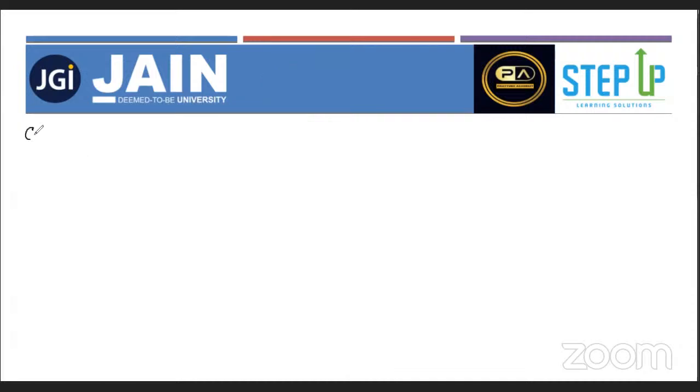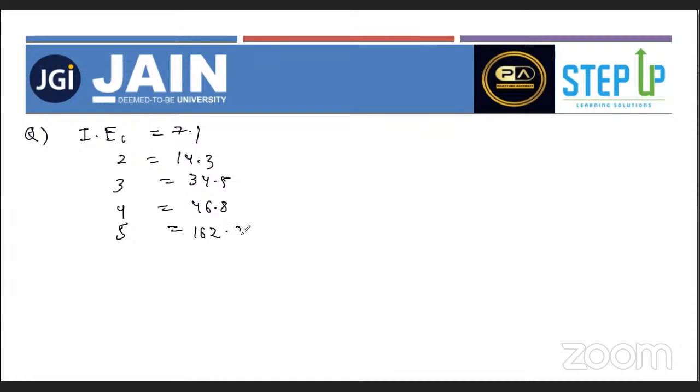Okay. This is a good question. They have given you ionization energy 1, ionization energy 2, ionization energy 3, ionization energy 4, ionization energy 5 values. That is 7.1, 14.3, 34.5, 46.8, 162.2.